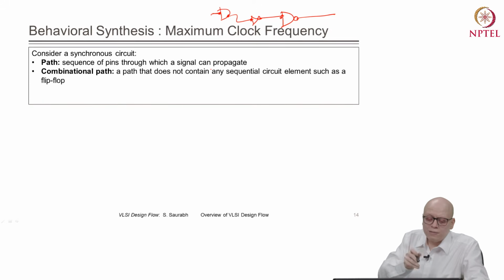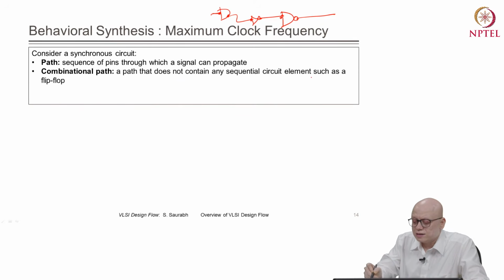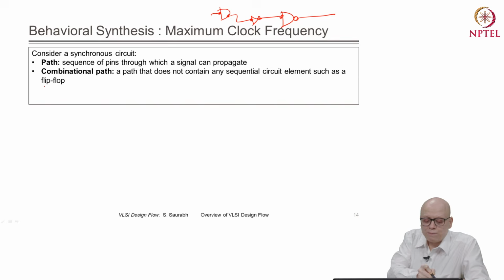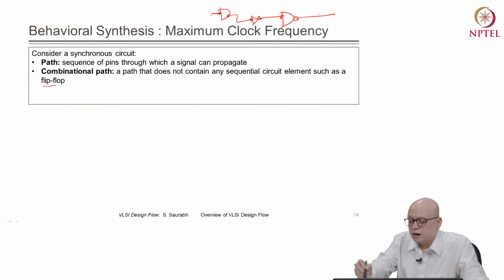Now what is a combinational path? A path that does not contain any sequential circuit element, such as a flip-flop. So if there is a flip-flop, then we cannot cross it, right. The path starts from here and ends here.